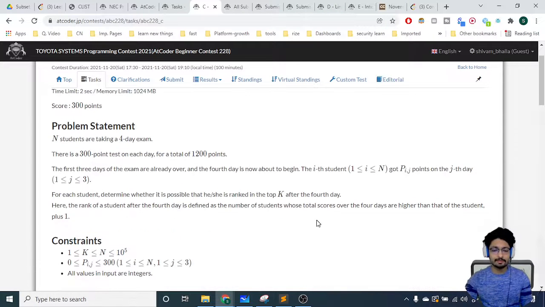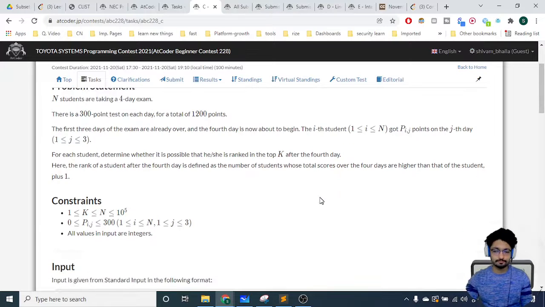Now you just have to tell, for each student, whether it is possible that he or she ranks in the top K after the fourth day. So after the fourth exam, whether it is possible that the i-th student will land within the top K positions. That's the whole problem.